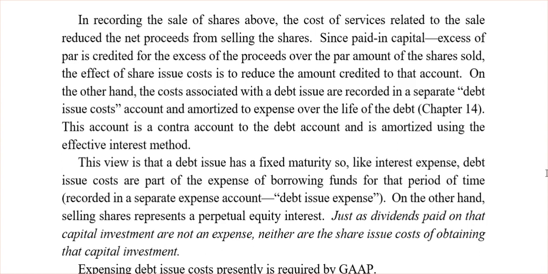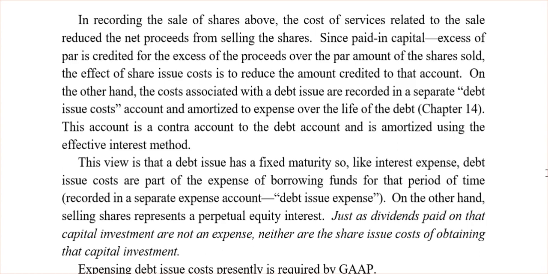And when we had it in that chapter, we would handle debt issuance cost as an addition to a discount or a reduction to a premium, and we would build it into our amortization tables. This view is that a debt issue has a fixed maturity, so like interest expense, debt issue costs are part of the expense of borrowing funds and should be recorded as debt issue expense.